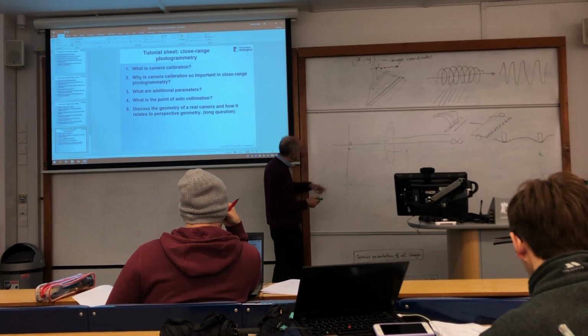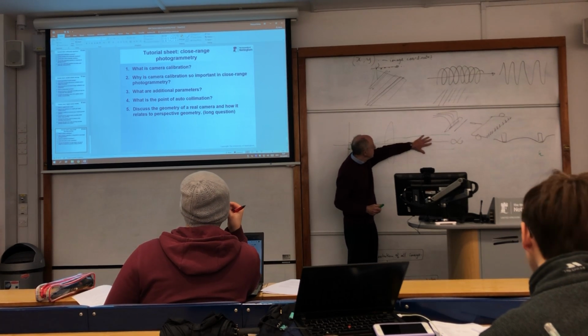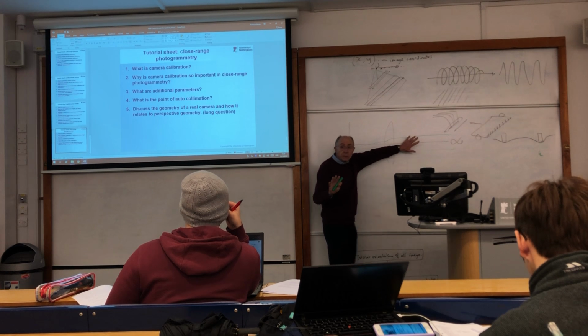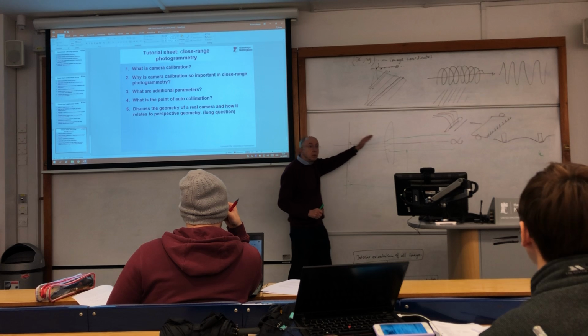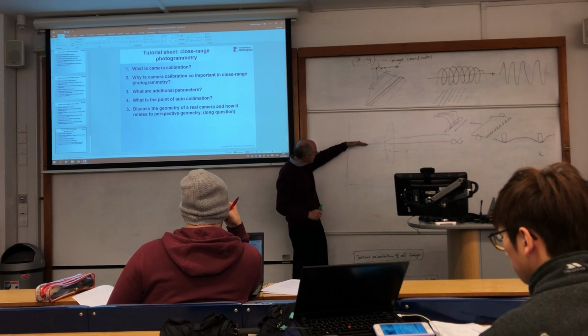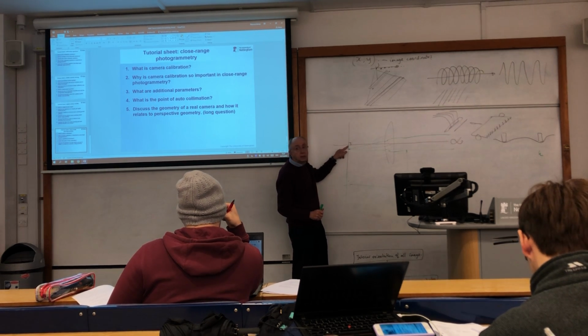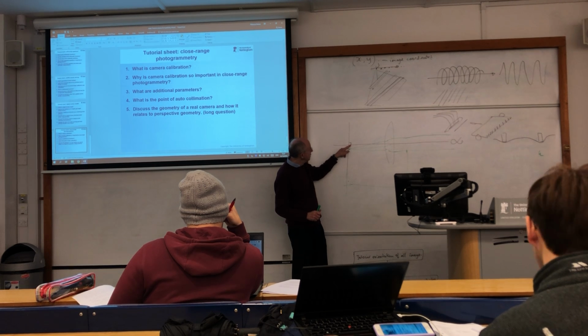Now we've got a situation where these rays are coming in perpendicular to that focal plane. The ideal camera lets the ray come through the middle and strike it just here, so that's perpendicular.